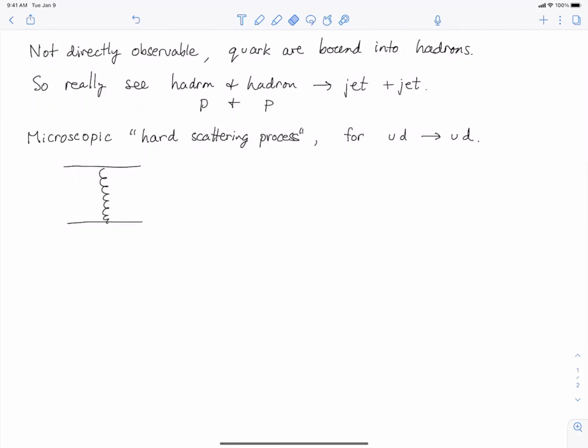Okay, so here's our up quark. And there's the up quark in the final state. And this is the down quark, and this is the down quark in the final state. And the gluon is traditionally written as a springy line as opposed to a wavy line. Let's put momentum P going this way, and I'm going to call it P prime for this one.